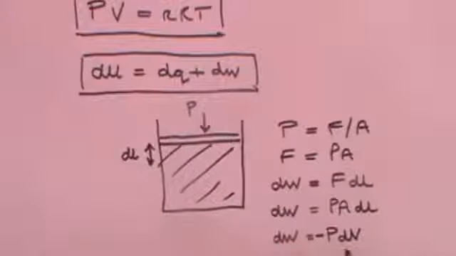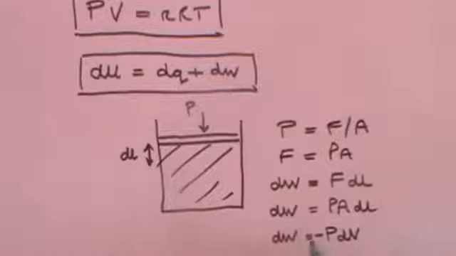So to make sure that the signs are correct, we have to put a minus term here. What the minus term is saying is that the volume decreases as the work increases. We can also see that if there is no change in volume, then there is no work done. So that's an important principle. If the volume doesn't change, then there hasn't been any work in or work out.